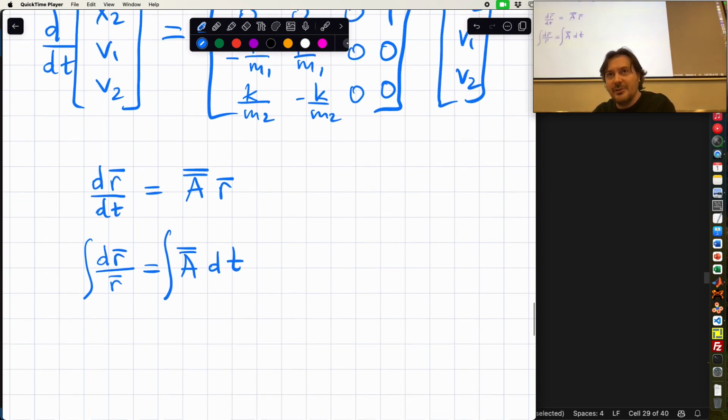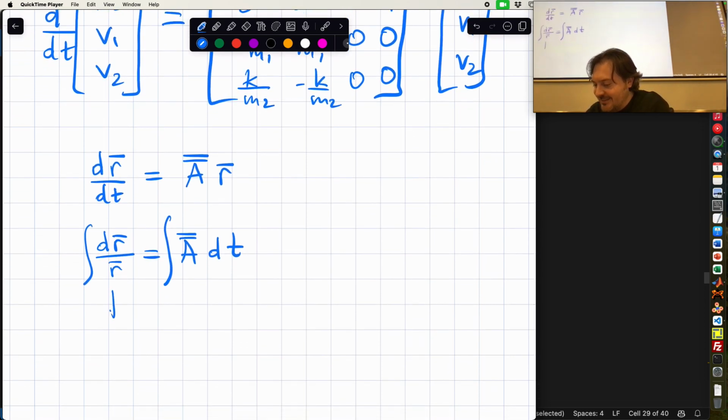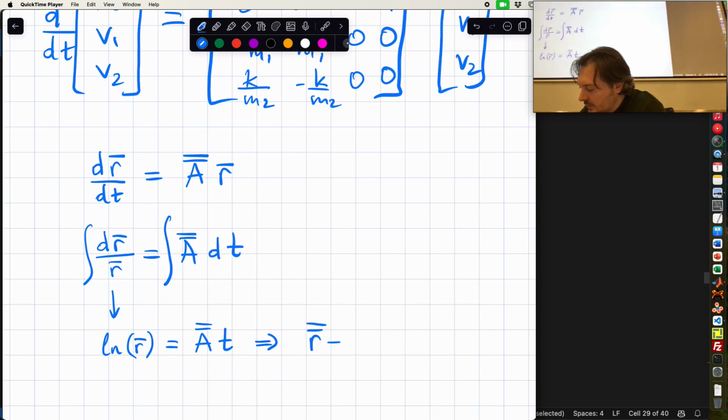Then you are going to get ln of this r, and you are going to get A times t here. Are you following? Yes? Then r is the exponential of the matrix A times time, times r0.